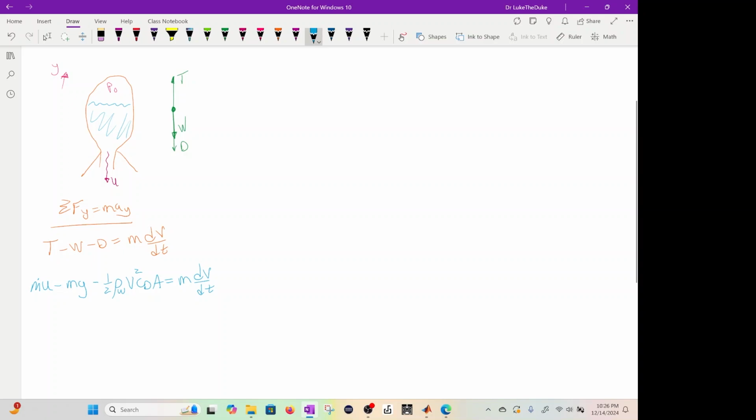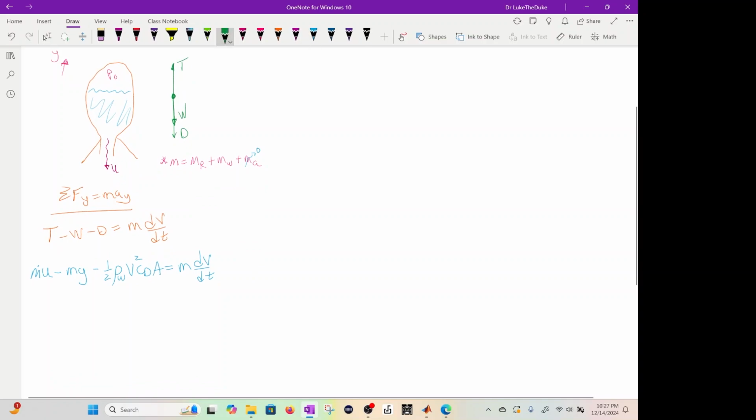Now, m is technically the mass of the rocket plus the mass of the water plus the mass of the air. However, the mass of the air can be neglected here because it's so small compared to the others. So I'm going to divide by m so I can have a solution for dv/dt.